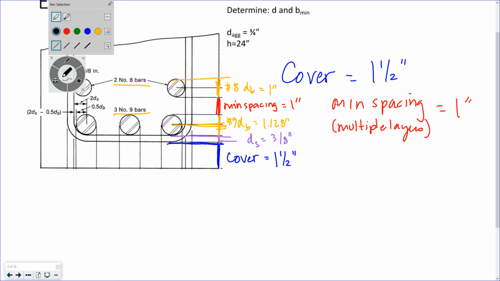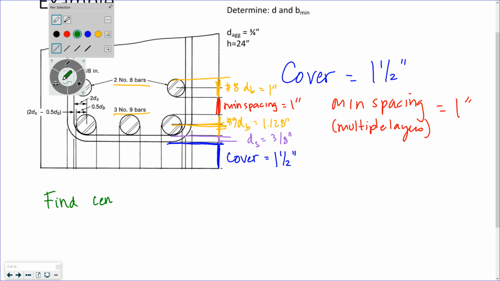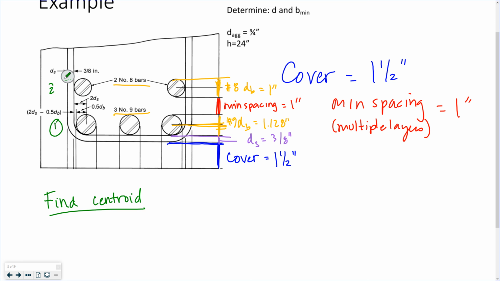I'm going to find the centroid, right? I'm going to call this layer 1 and this layer 2.